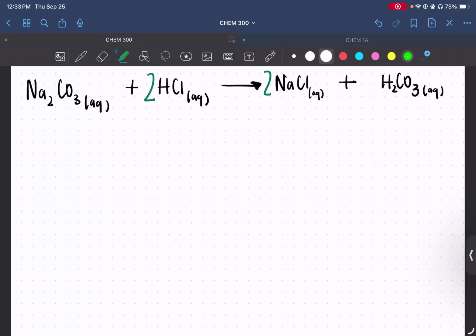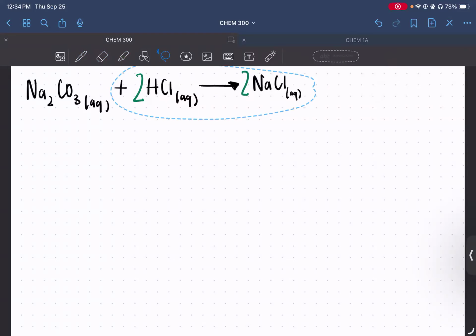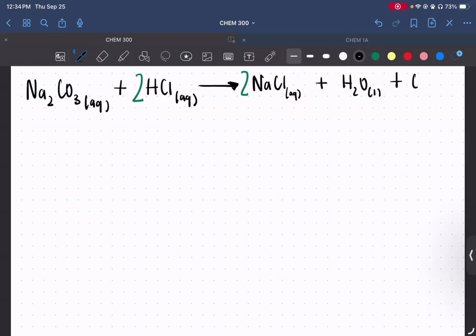The compound on the far right breaks down into H2O and CO2. So actually, I need to erase it and write it correctly this time. Plus H2O liquid plus CO2 gas.